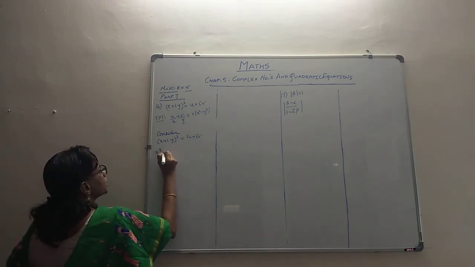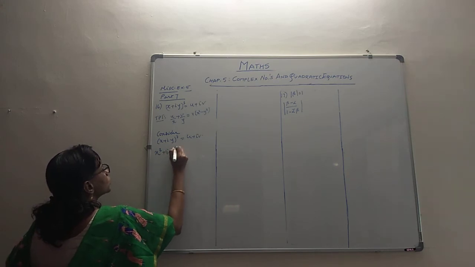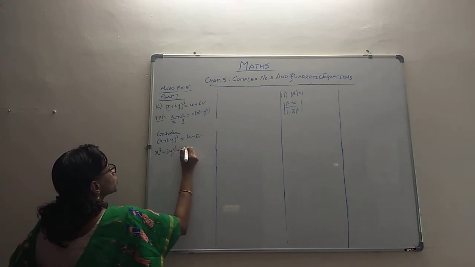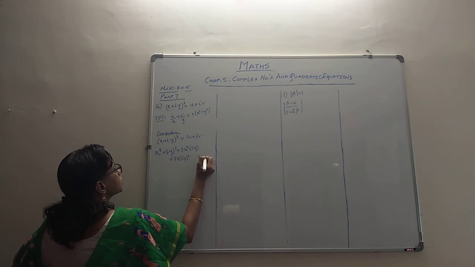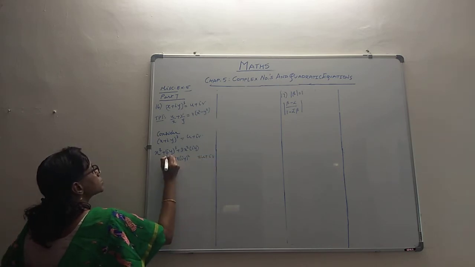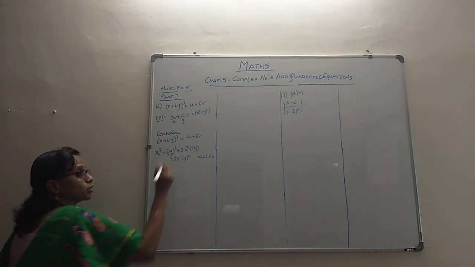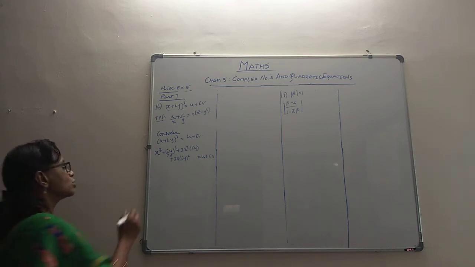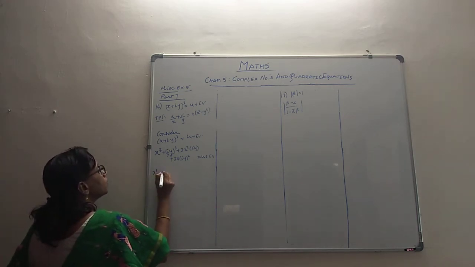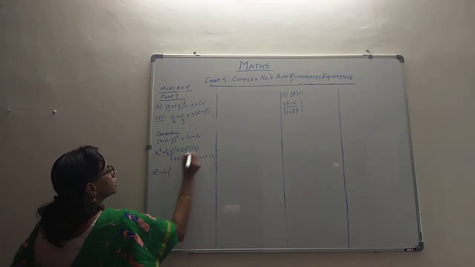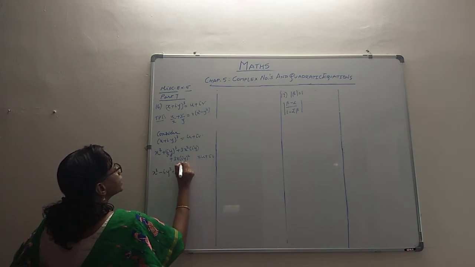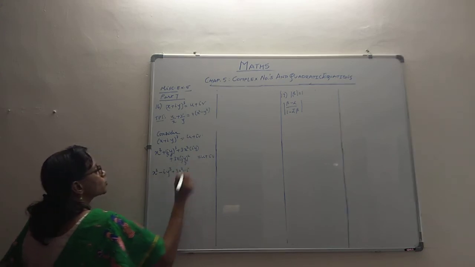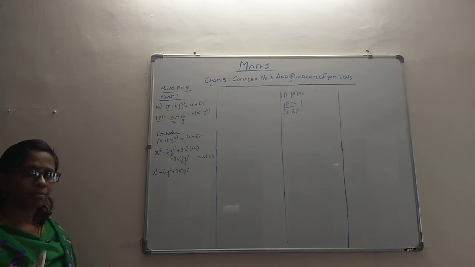x cube plus (iy) the whole cube plus 3x squared iy plus 3x iy squared is u plus iv. So this means that this is i cube y cube, and i cube we know is minus i. So x cube minus i y cube, and this is 3x squared yi, and here now this is obviously going to be i squared y squared, and i squared we know is minus 1.